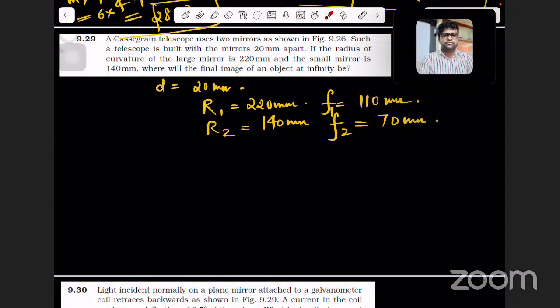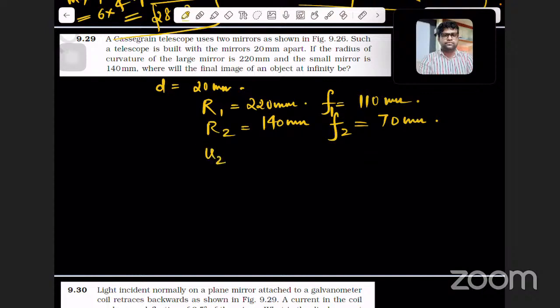Its image will be formed at 110 millimeters from the objective mirror. This was the objective and here was the secondary mirror. So from the objective it is 110 millimeters, and for the secondary it will be 110 minus 20, and a virtual object because it's behind the mirror.